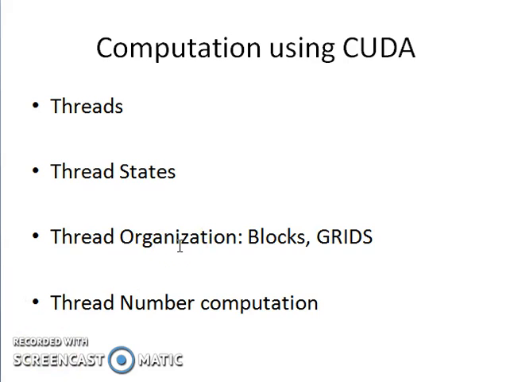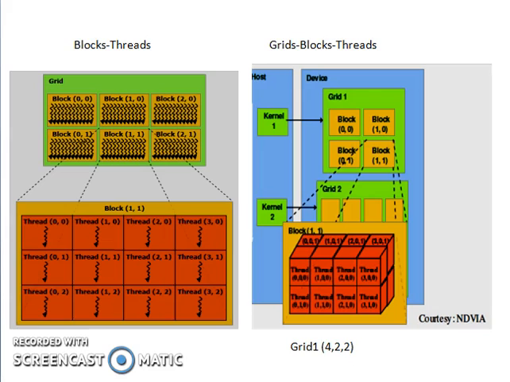Threads are the basic units, and how to have the thread states, thread organization, blocks, grids, and how to decide how many threads are required, all will come based on the problem and how you are organizing the threads.